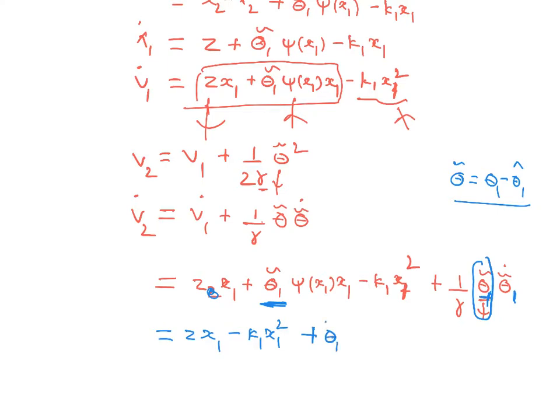So theta 1 bar outside, then it becomes phi of x1, and it becomes minus. Oh, what happened? Did I mess up with a sign somewhere?